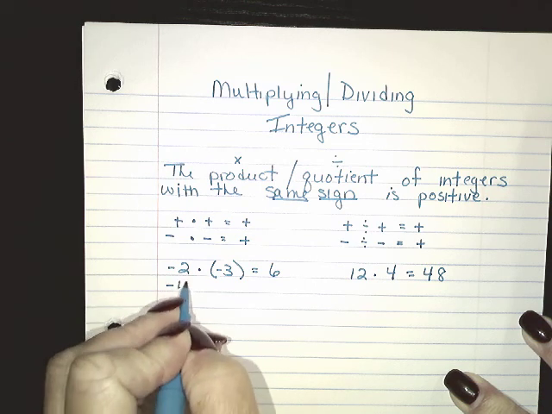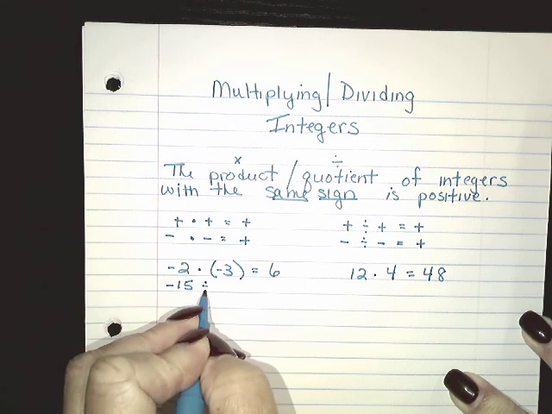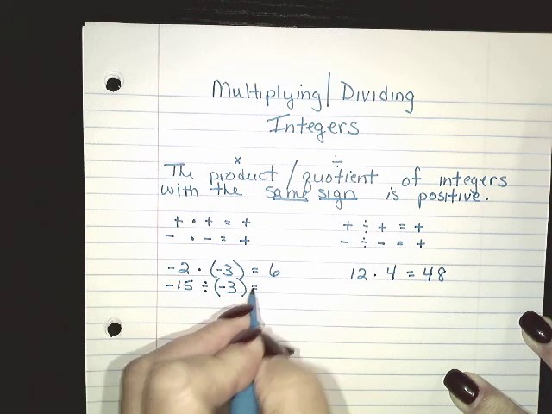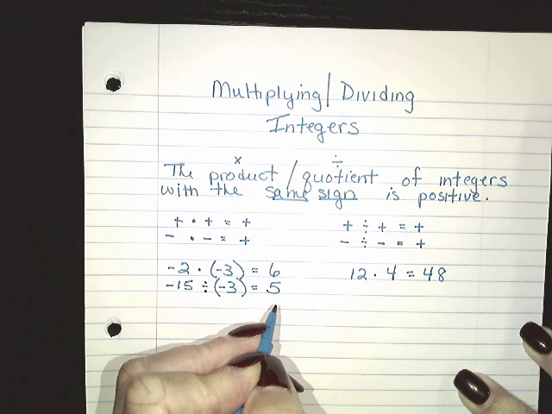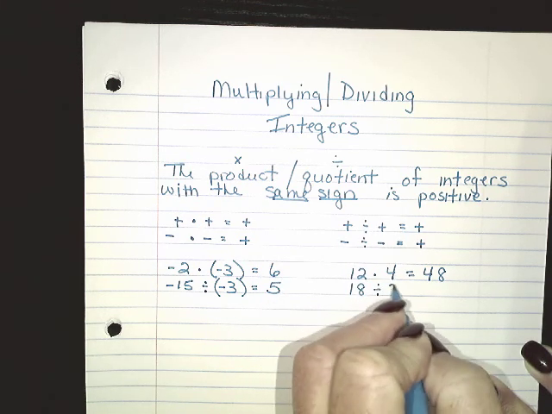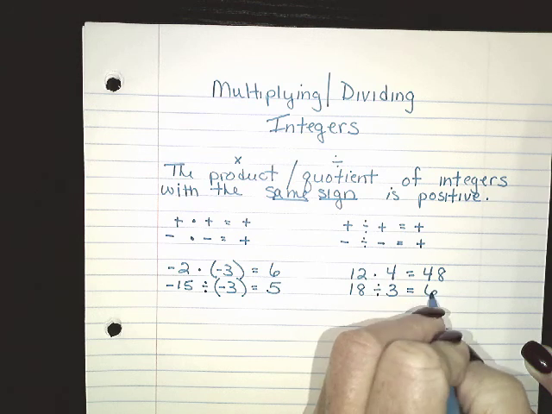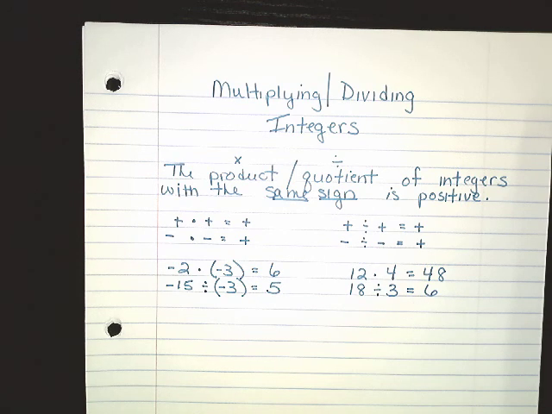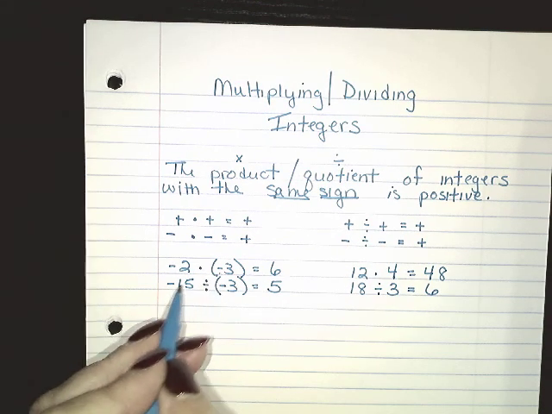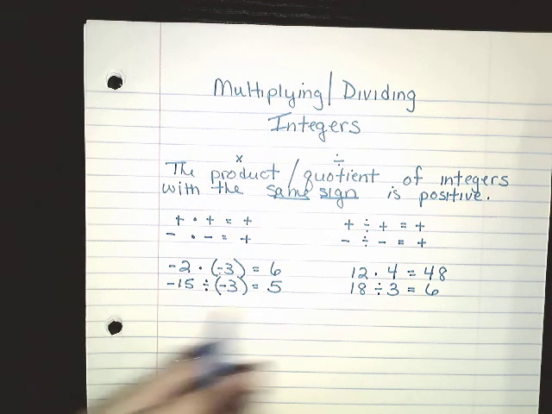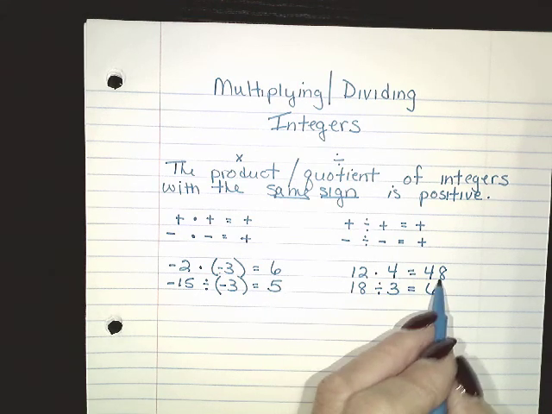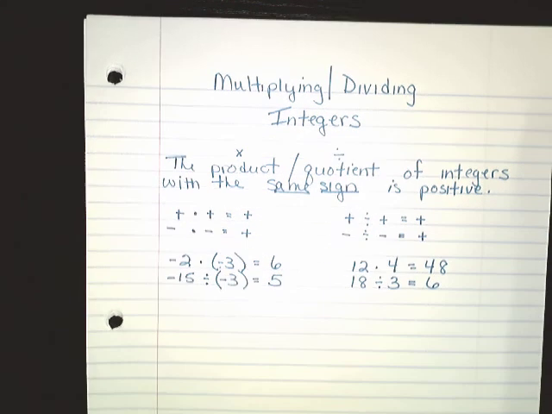A -15 divided by a -3 is going to equal a +5. 18 divided by a +3 is going to equal 6. Okay, so two negatives multiplied together, two negatives divided by each other are going to still give you positive numbers. Two positives give you a positive. That's probably the easiest one for you to remember.